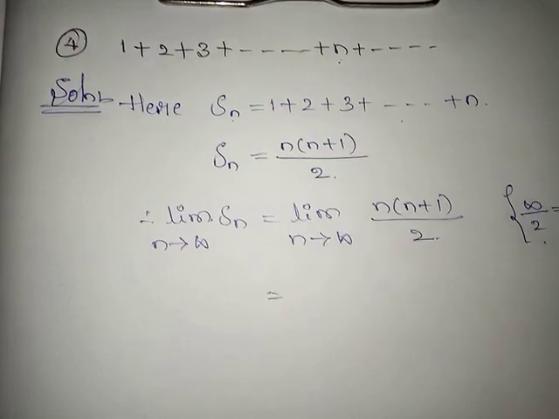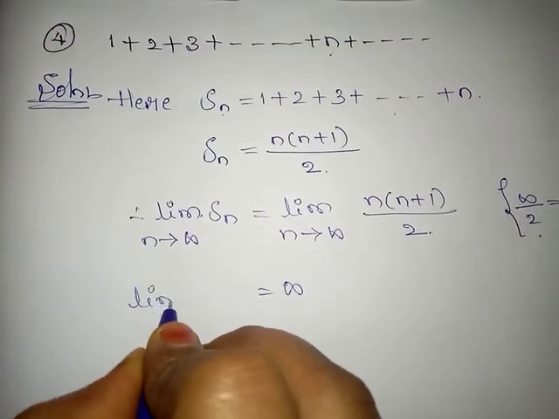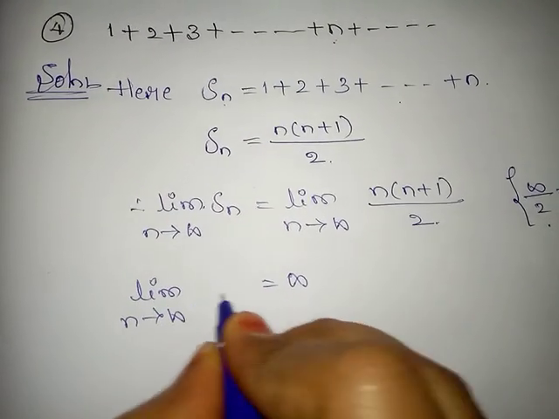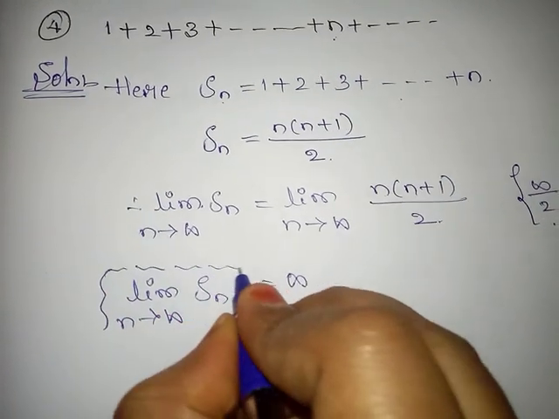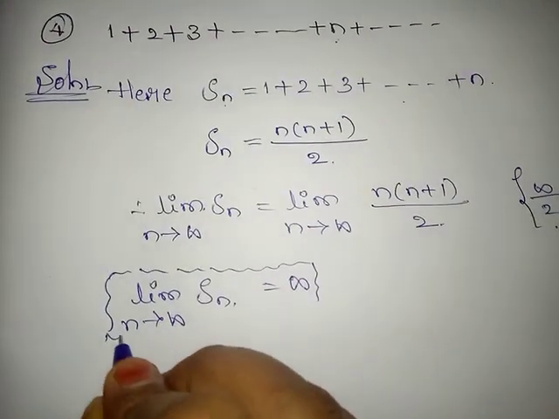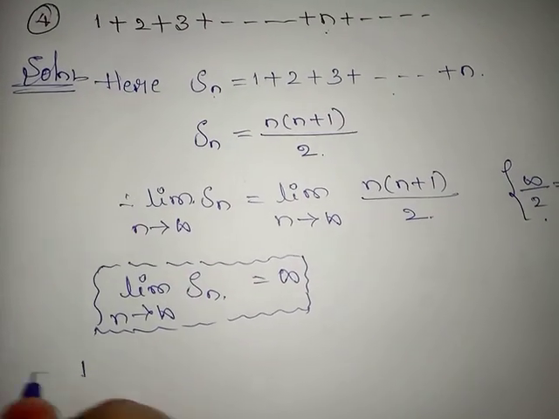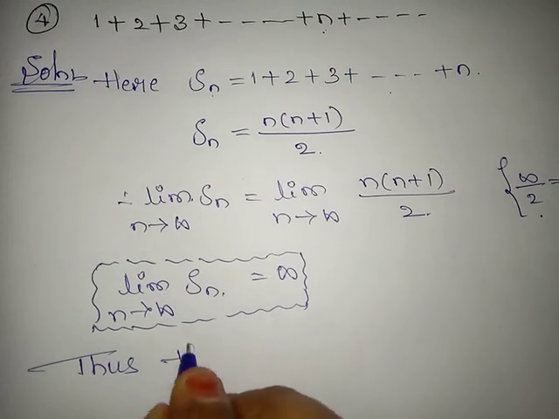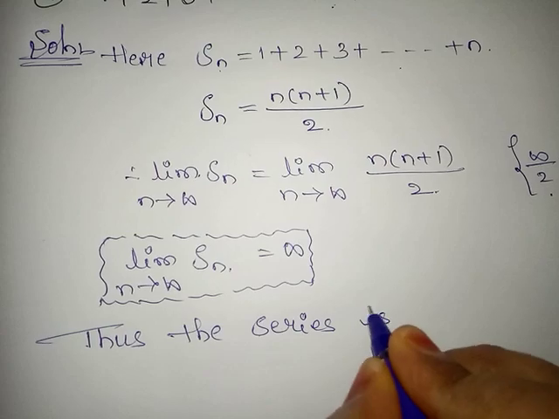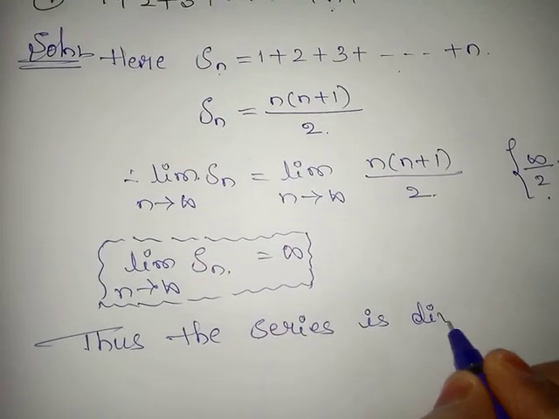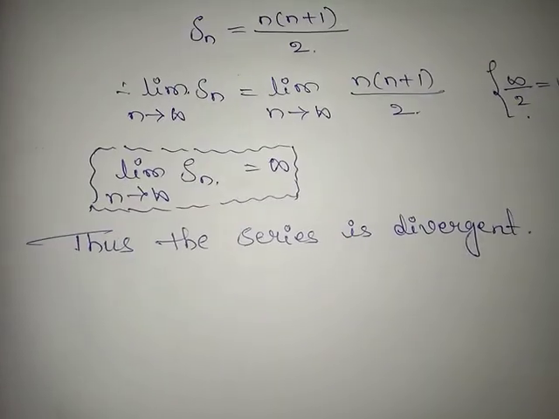Therefore, this is infinite. Limit n tends to infinity, Sn is equal to infinity. The series is divergent. Thus, the series is divergent.